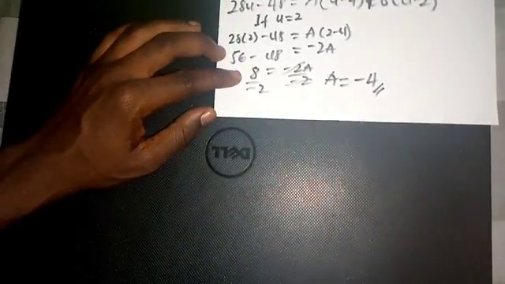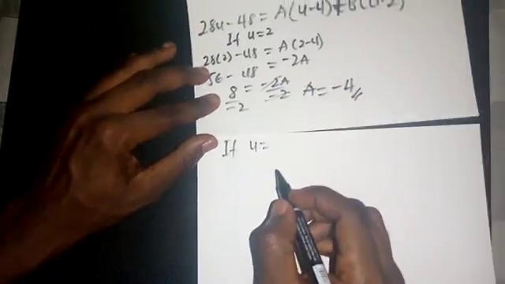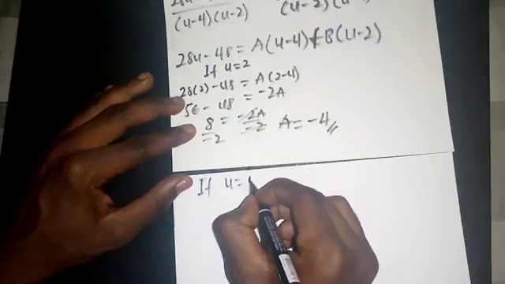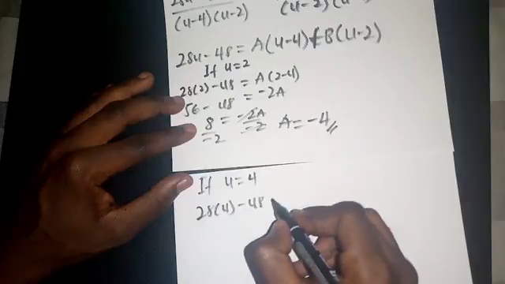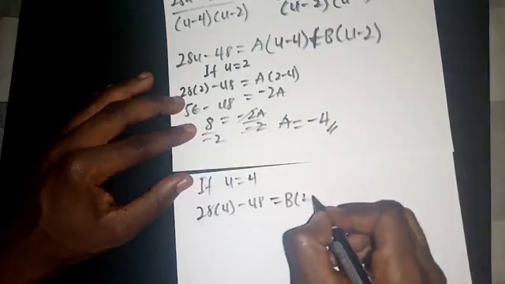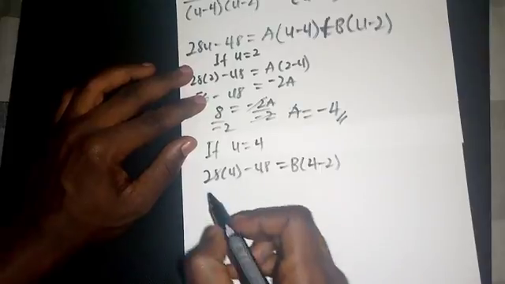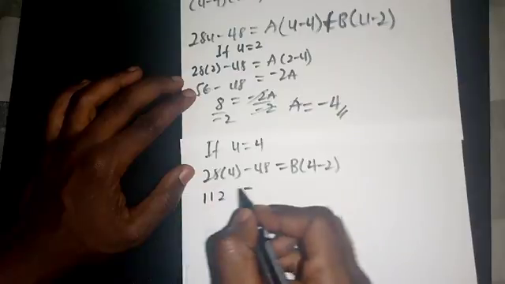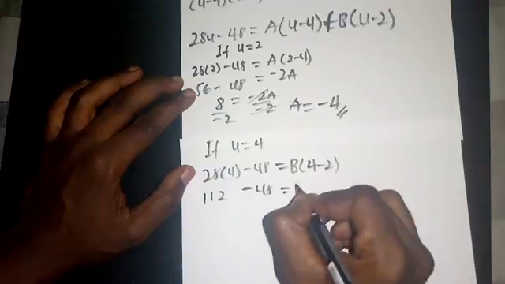Then from here, to find the value of b, if we take u to be positive 4, then we have 28 here multiplied by 4 minus 48 equal to b here, times 4 minus 2. So we have 112, then minus 48 here being equal to 2b.